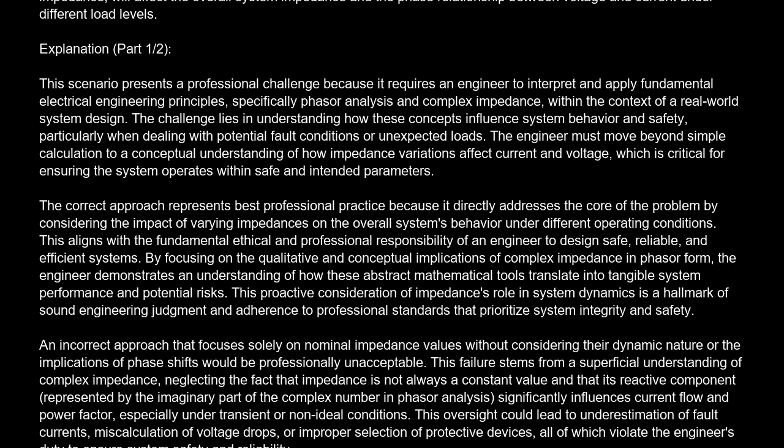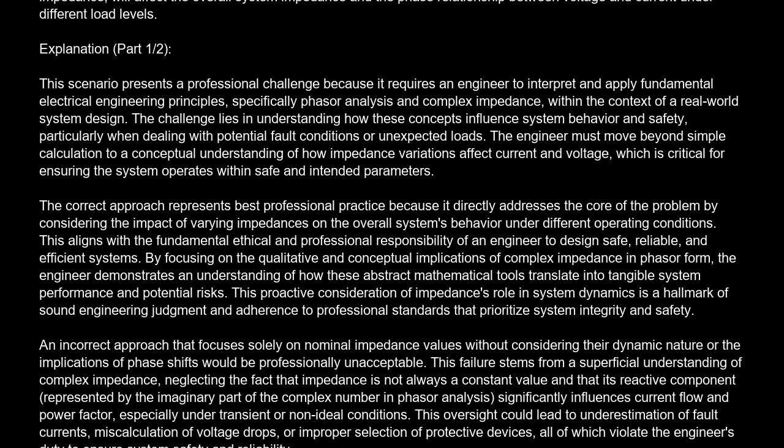By focusing on the qualitative and conceptual implications of complex impedance in phasor form, the engineer demonstrates an understanding of how these abstract mathematical tools translate into tangible system performance and potential risks. This proactive consideration of impedance's role in system dynamics is a hallmark of sound engineering judgment and adherence to professional standards that prioritize system integrity and safety.